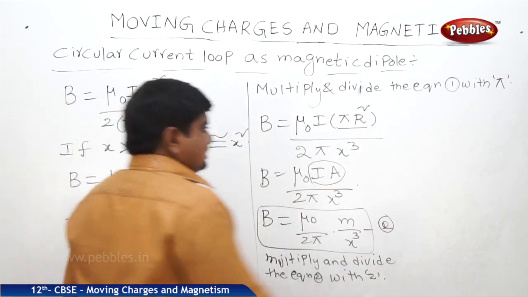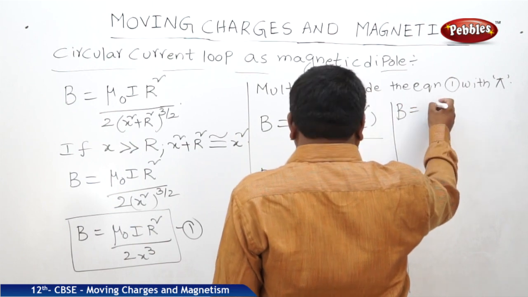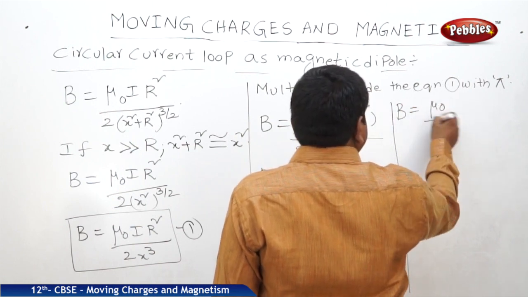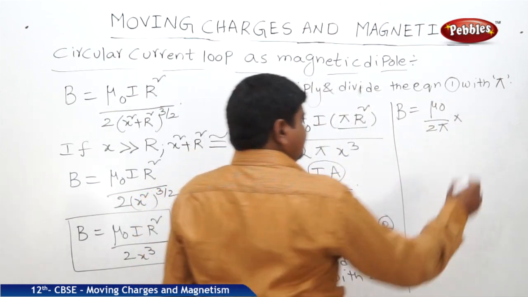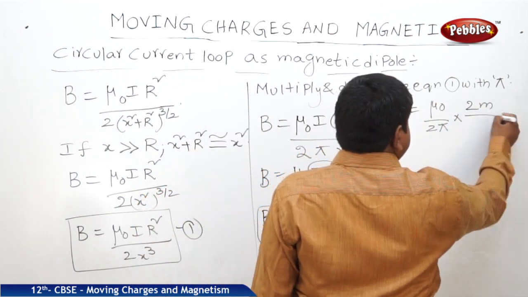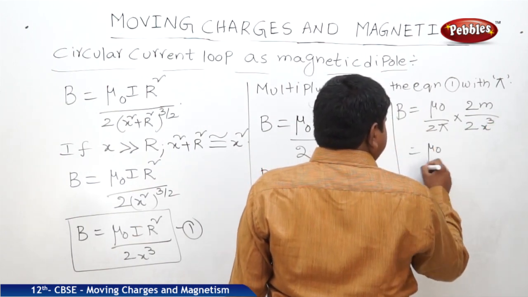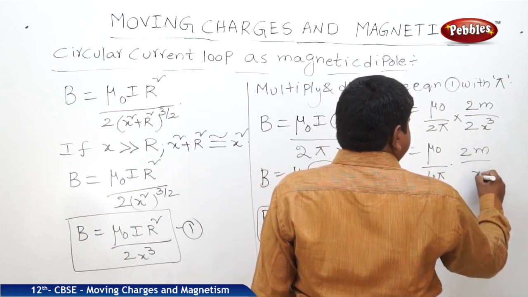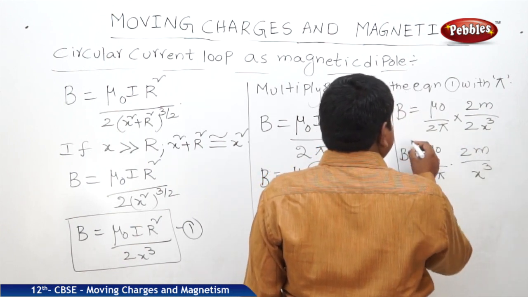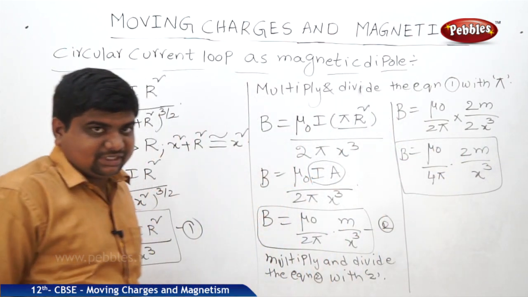So therefore B is equal to mu naught by 2 pi into 2m by 2x cube. Therefore it will become mu naught by 4 pi into 2m by x cube. Here mu naught by 4 pi is the constant in magnetostatic fields.